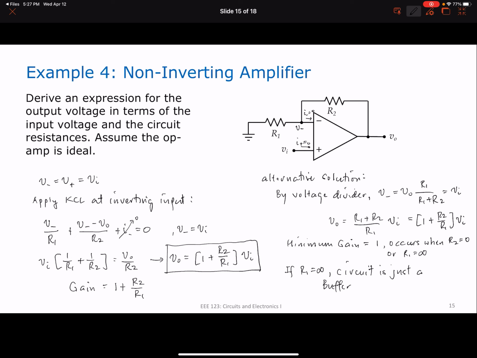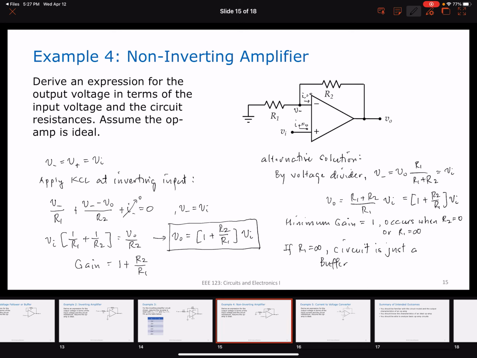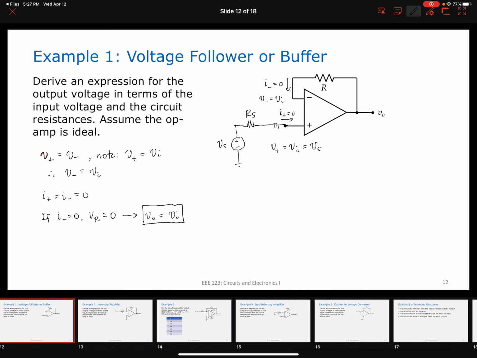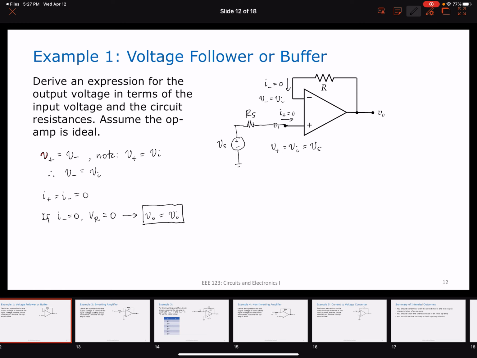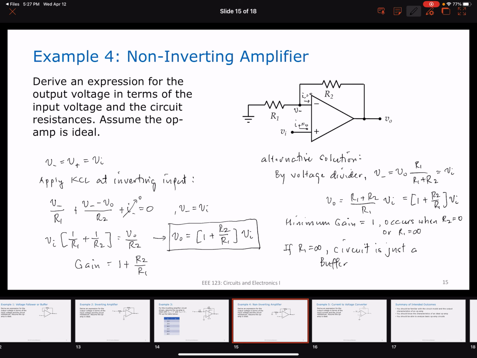So take a look at the first example that we had. Where is that? This one. So this is the case when the resistor that connects this to ground is equal to infinity.